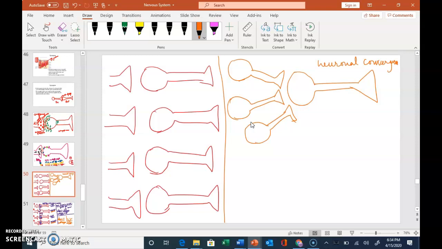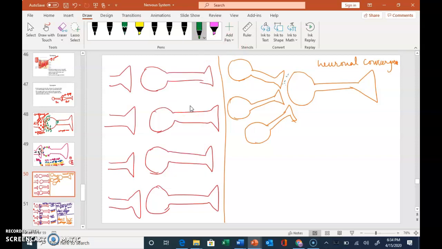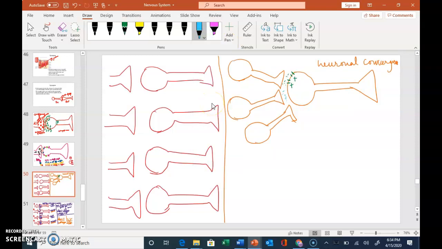Now let's say the neurotransmitters that are released from this one cause depolarization. The neurotransmitter released from this one causes a little bit of negative charge to trickle in.